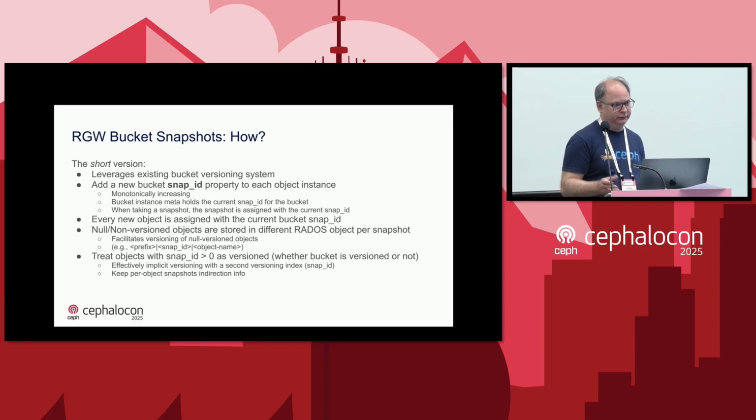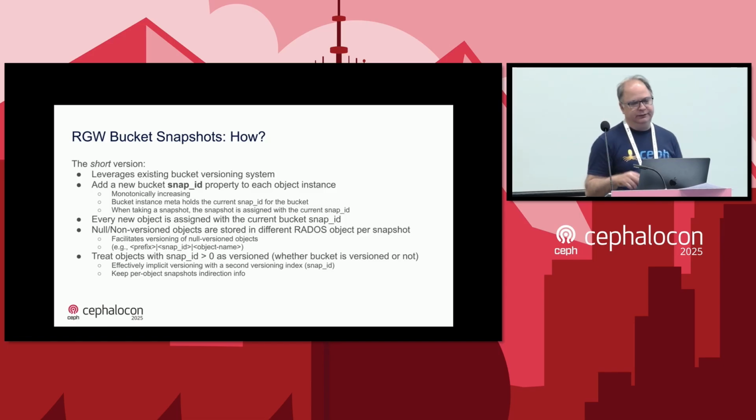For those of you who don't know, you turn on object versioning on a bucket, and at that point, every object that you put gets a version ID, which is kind of a random string. When you access the object, you don't need to specify, give me this version, but these versions exist, you can list all the versions, and you can go back to all the versions.